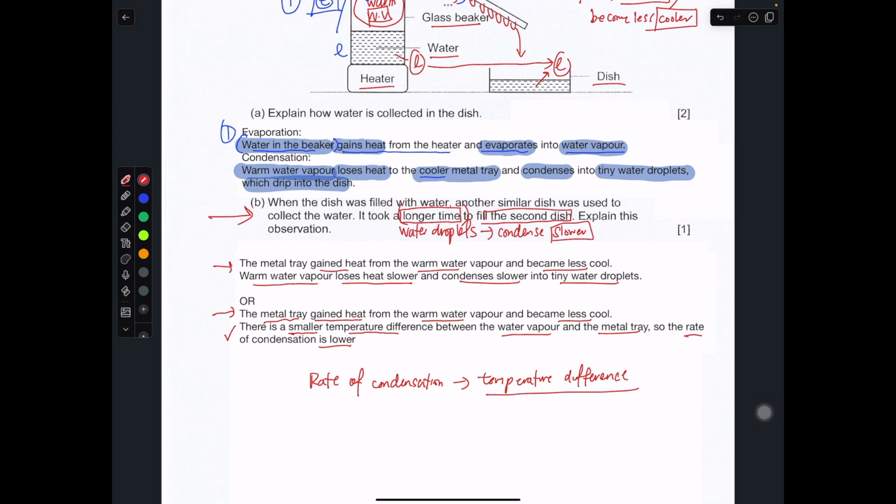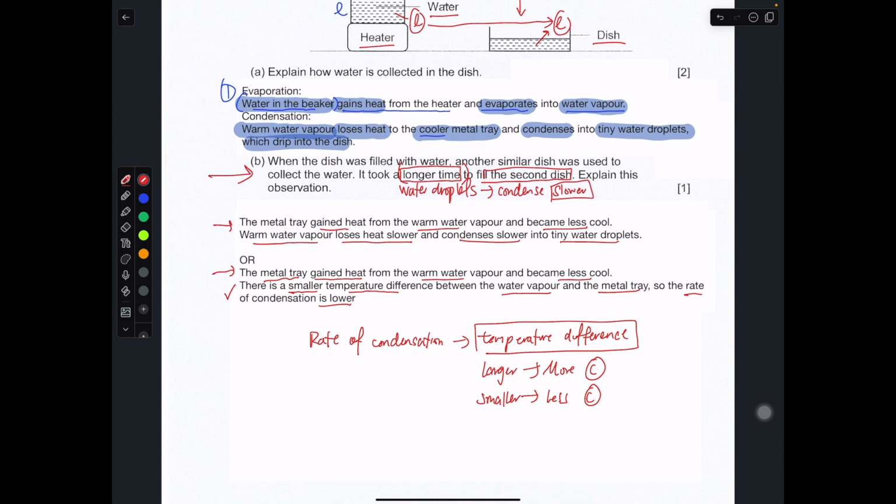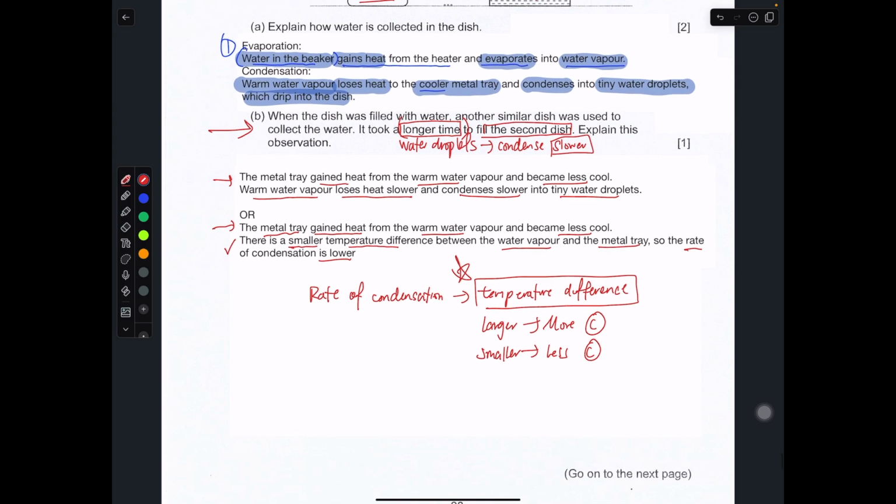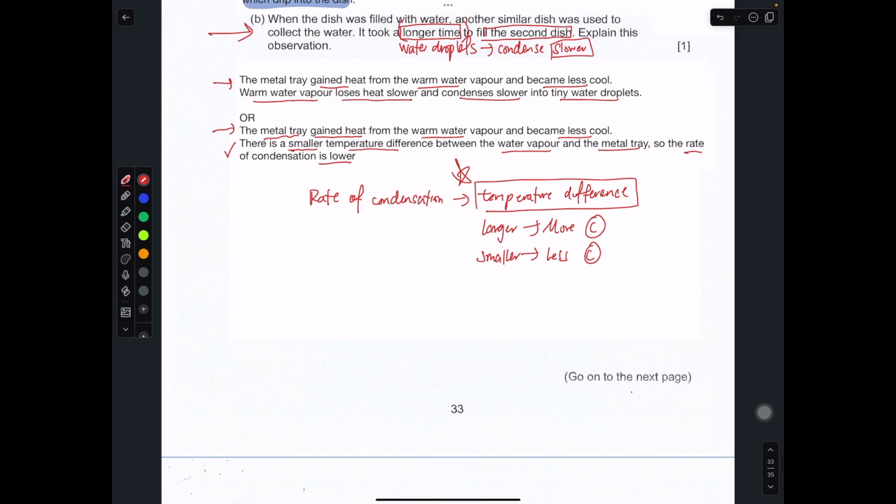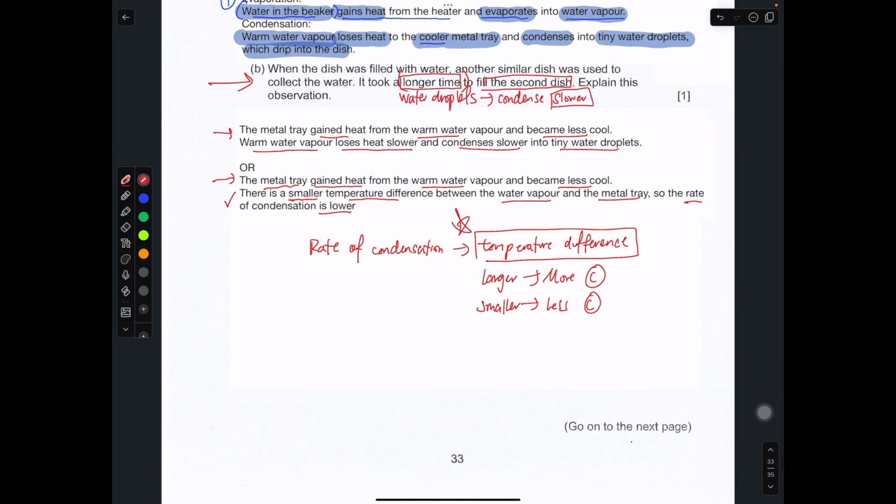Okay. If it's larger, then there will be more condensation. If it's smaller, there will be less condensation. Okay, for this part. Okay. So let's move on. So before we move on, either answer will be fine. Okay. So you just have to write one of them.